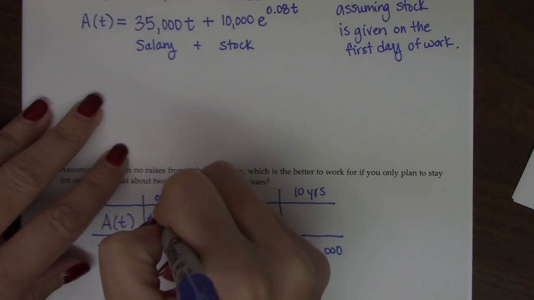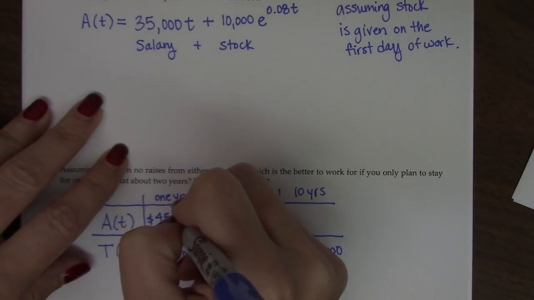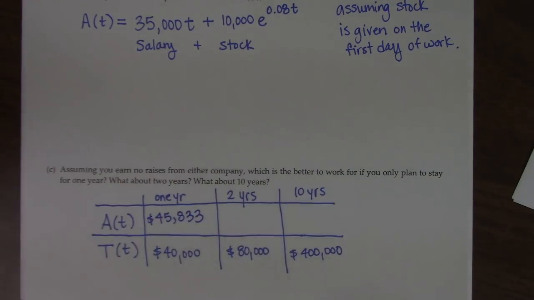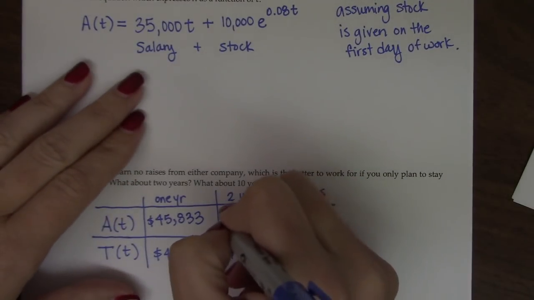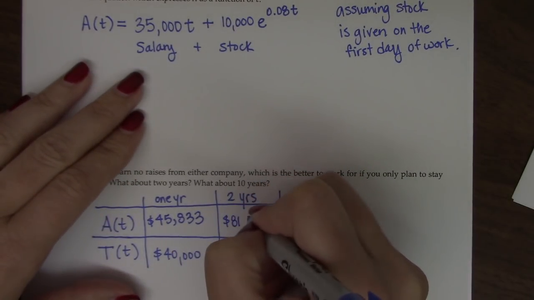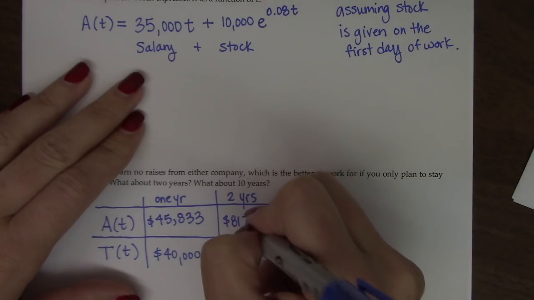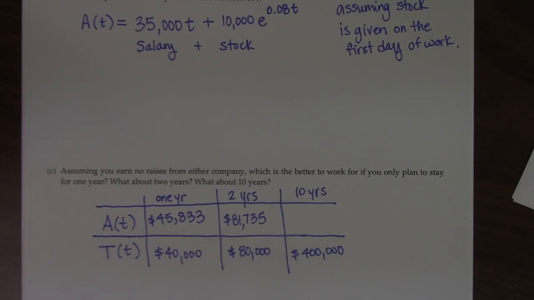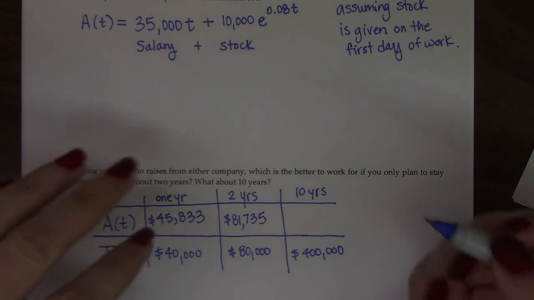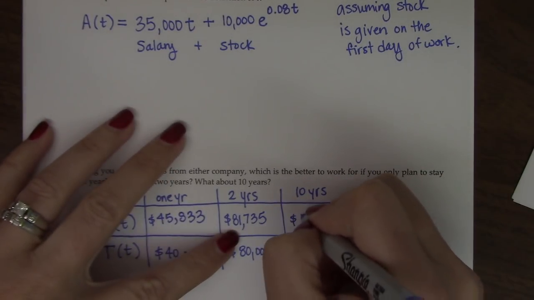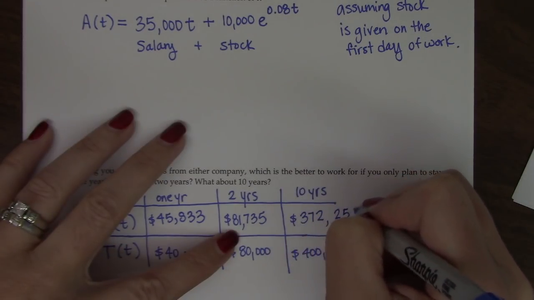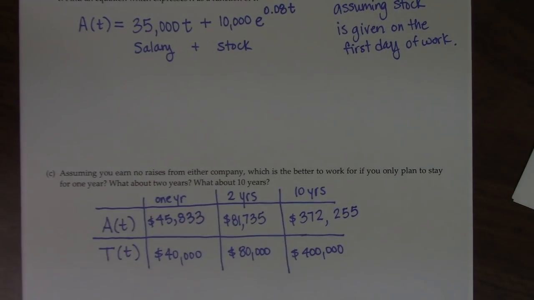we've made $45,833 if we round to the nearest dollar. If we plug 2 in, we've made $81,735 if we round to the nearest dollar. And after 10 years, we've made $372,255.